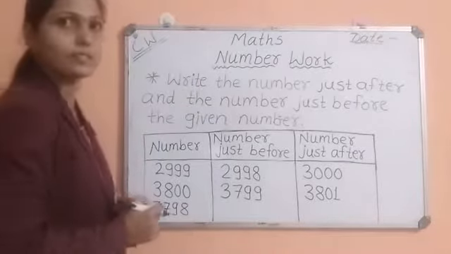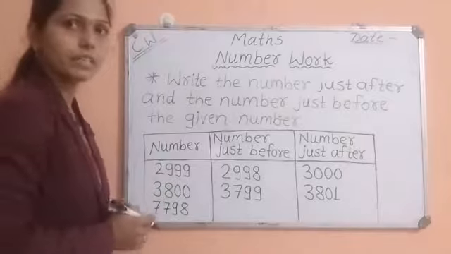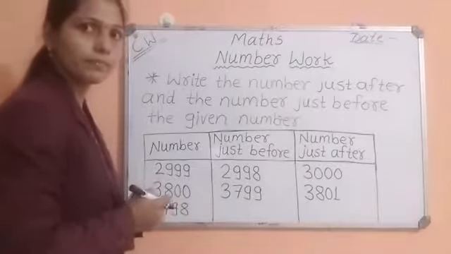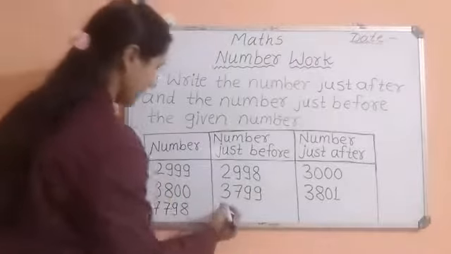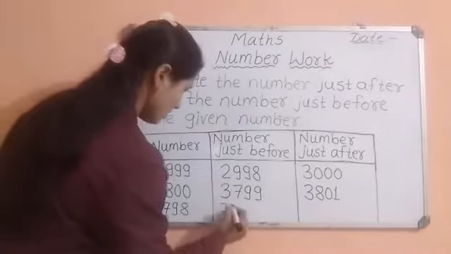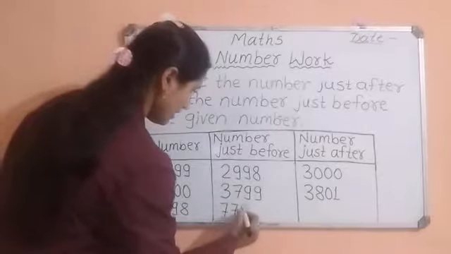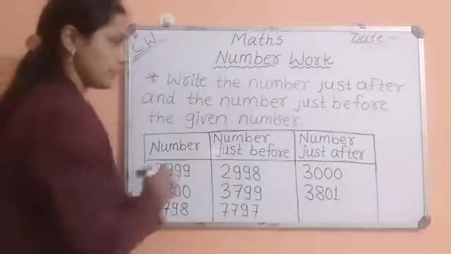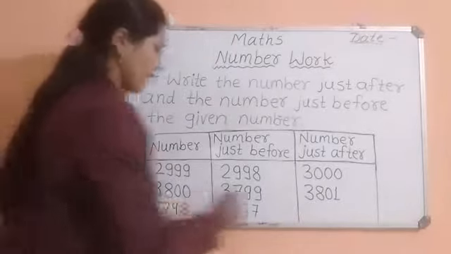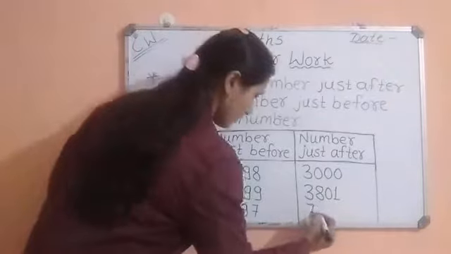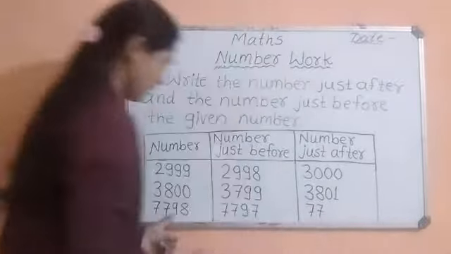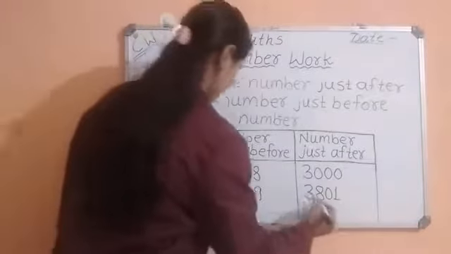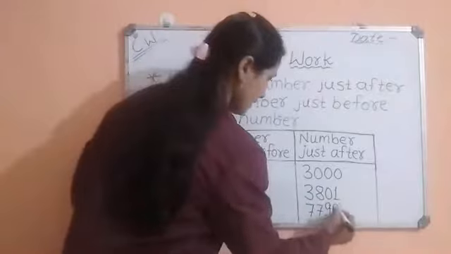Okay, the next number is 7798. Now it is very simple. Who will tell me the number just before and number just after? 7797 is the number just before, and the number just after is 7799, correct.